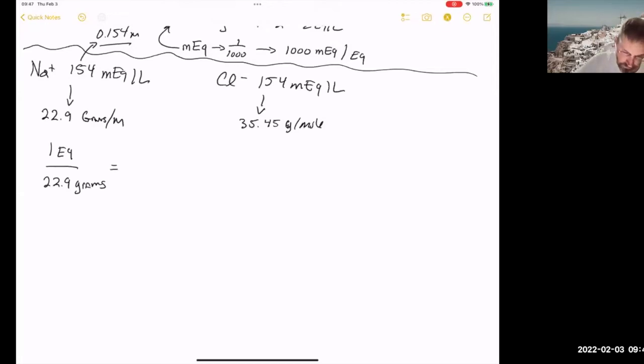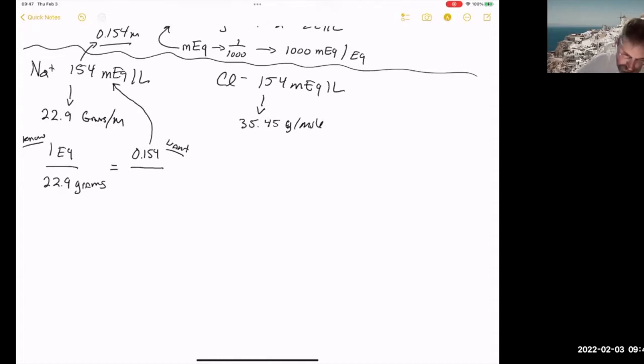All right. And then I'm just going to write on the other side of the equation here. So this is what I know on this side. And on this side, this is what I want to know. I want to know how much sodium do I have if I have 0.154, right?